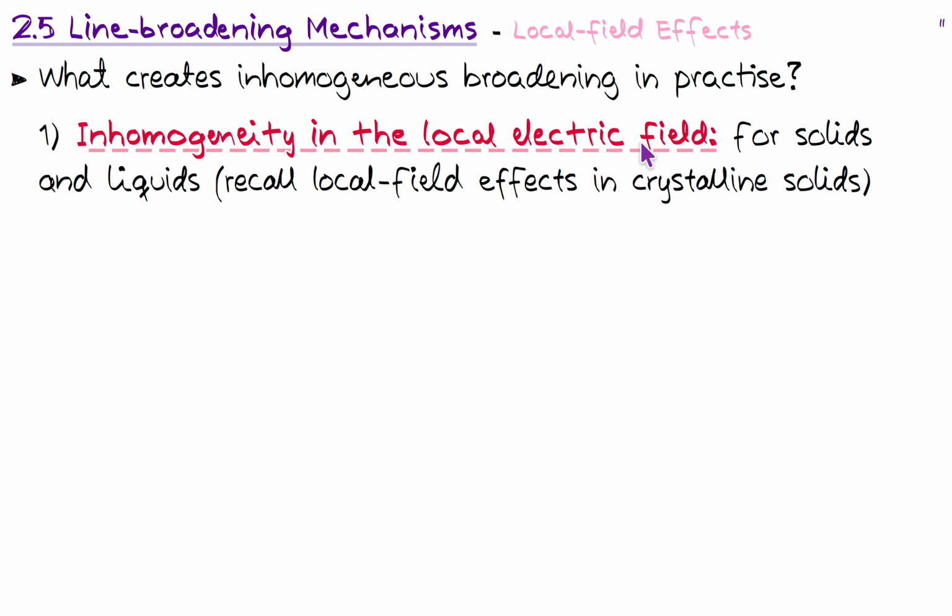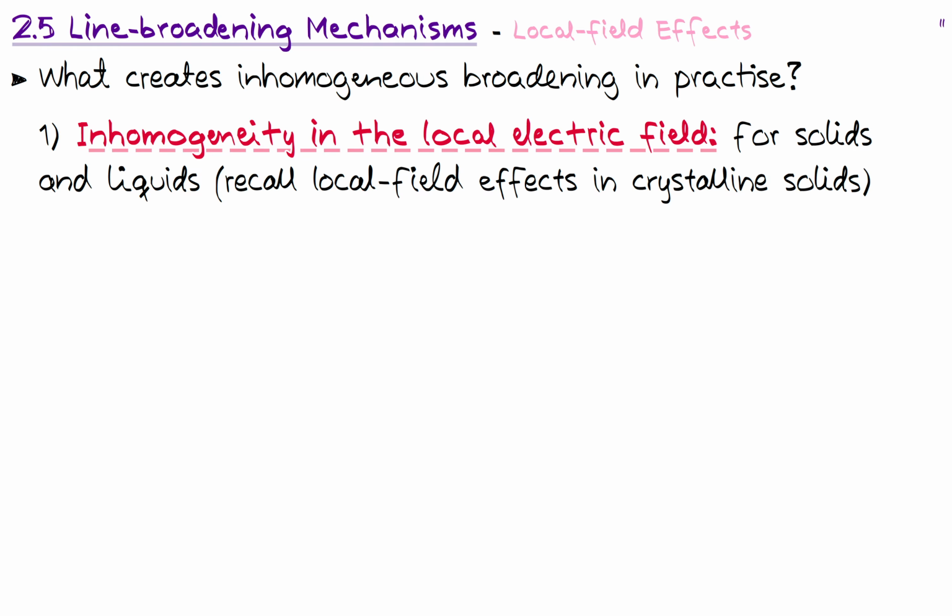Because we do have defects and different kinds of regions, these local fields can very sensitively depend on where our atom is residing within that crystalline lattice, and that really dictates how it can emit and absorb radiation. The same thing applies for liquids. So we have this inhomogeneity within the local electric fields, and that gives rise to changes in the line broadening.